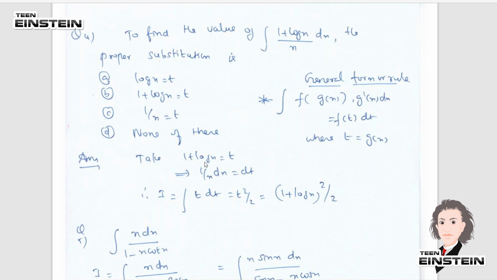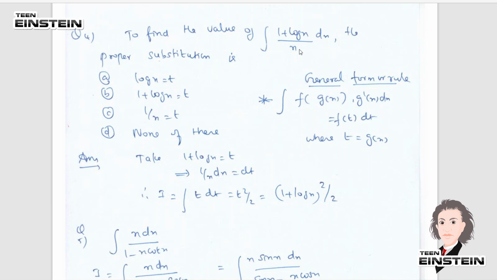When you differentiate, differentiation of log x is 1 by x dx, equal to differentiation of t, which is dt. Therefore, this integral becomes, in the numerator, 1 plus log x becomes t, and dx by x is dt. So what you are getting is integral t dt.